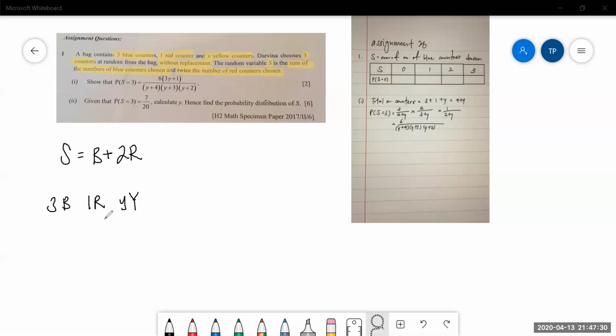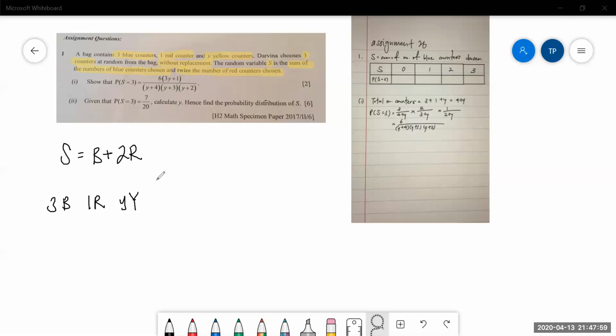They say S is the sum of the number of blue counters and twice the number of red counters chosen. According to grammar, the twice connects to the red counters. I don't know how to teach English, really. Can I carry on?